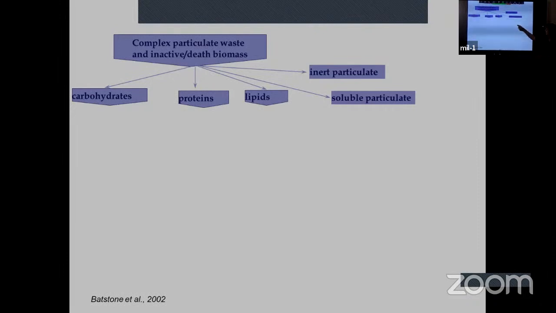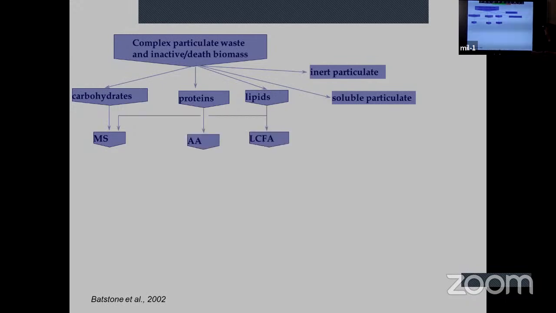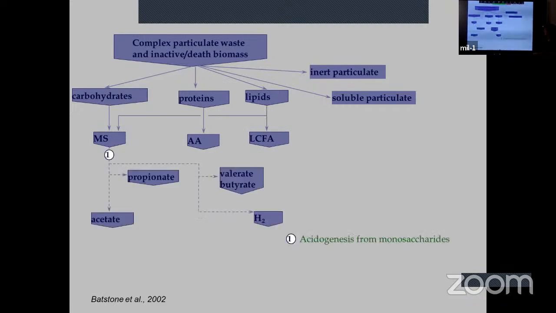After that, you can divide them into carbohydrates, proteins, and lipids. They are the main components of the substrates. So the carbohydrates will lead to monosaccharides, the proteins to amino acids, and the lipids to long-chain fatty acids.